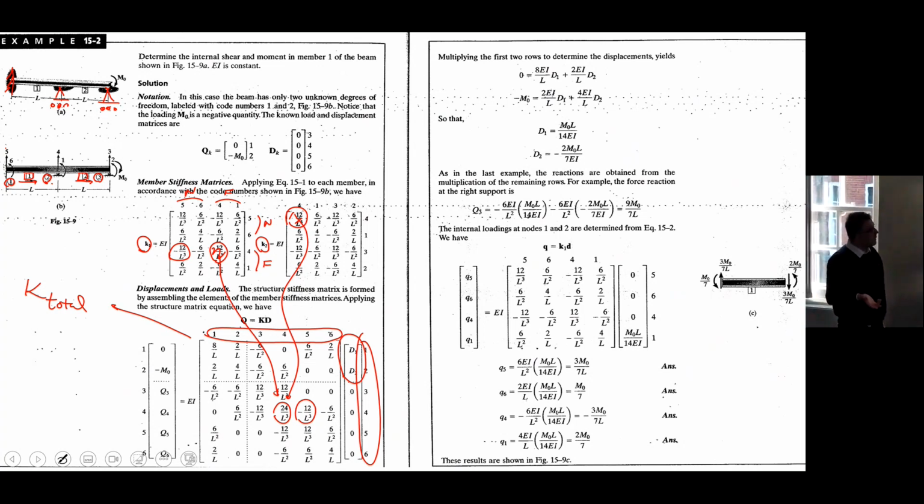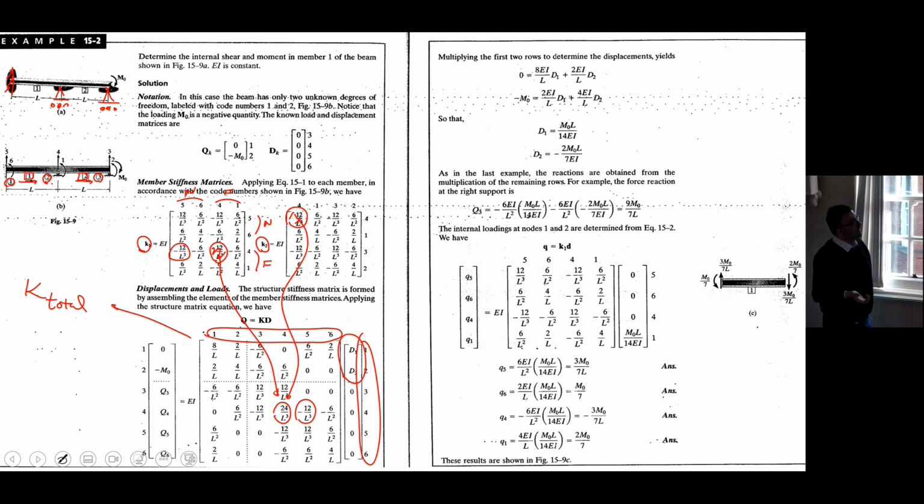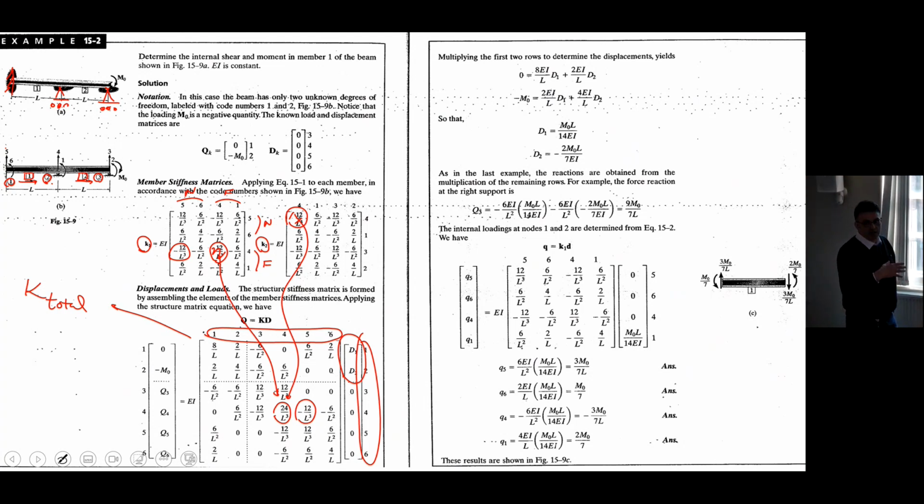So if K1 and K2 are different, then the total matrix will be the same. Even if K1 and K2 would be different in terms of EI or something like that. In terms of the nodes, 6, 4, 1, if they're different, the big matrix will be the same.